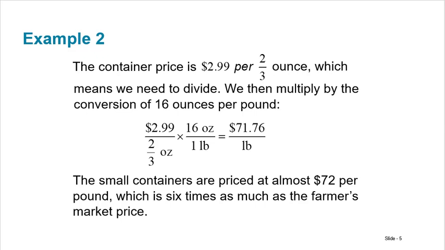But since we want to look at it both ways, instead of dividing by 2/3, we could multiply by the conversion of 16 ounces per pound. So there's my cost per ounce times 16 ounces per pound. The ounces will cancel, and I'll be left with $2.99 times 16 divided by 2/3, which you've got to remember is the same thing as multiplying by 3/2. And that comes out to $72 per pound.